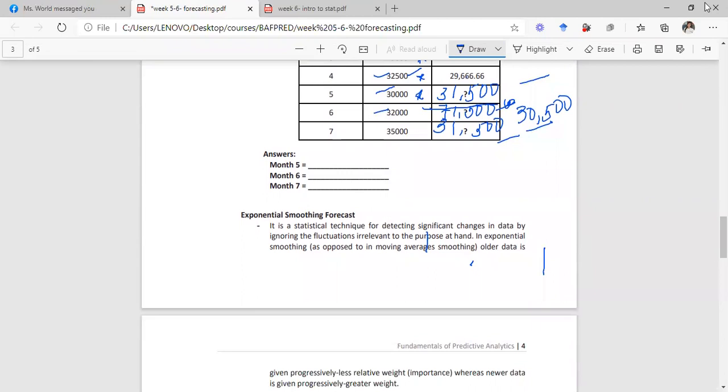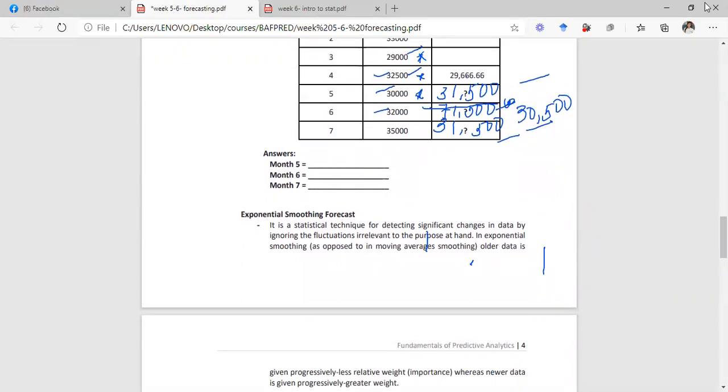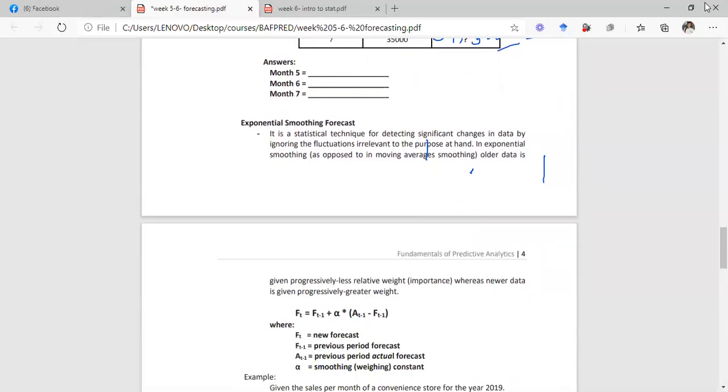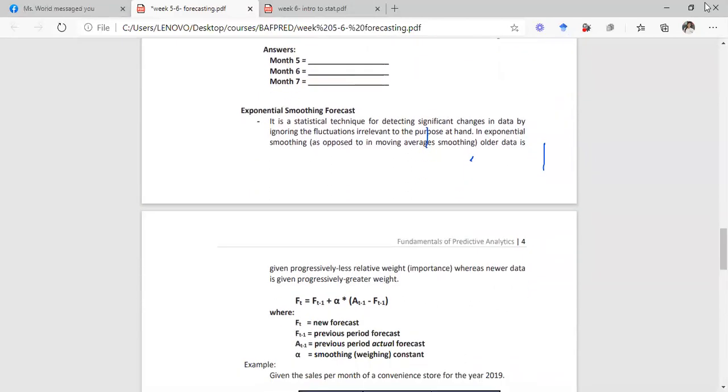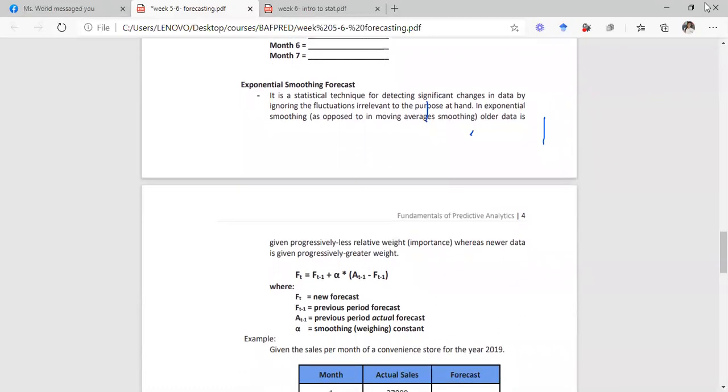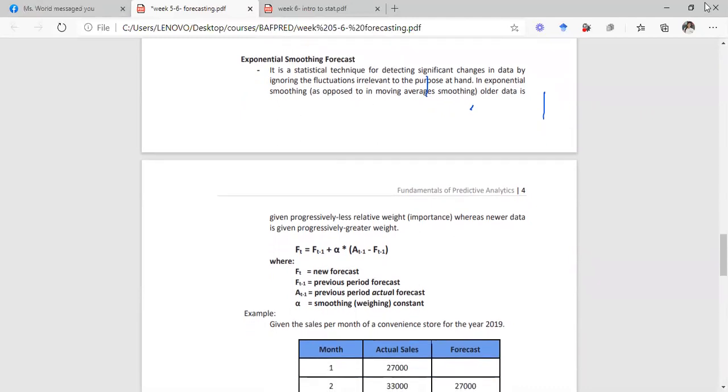As opposed to moving average smoothing, older data is given progressively less relative weight, whereas newer data is given progressively greater weight.